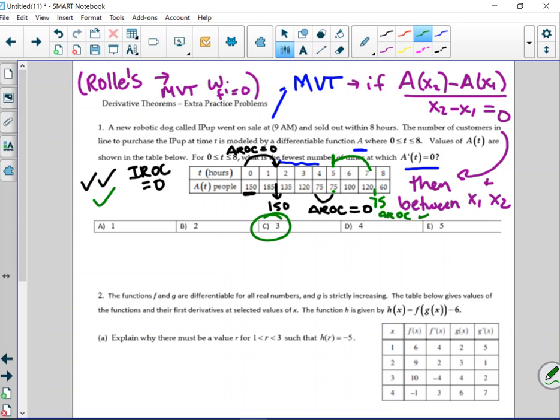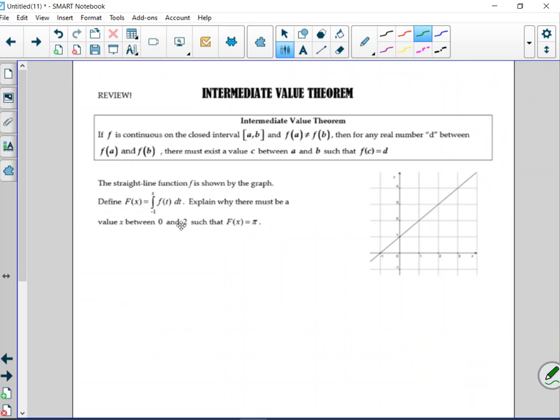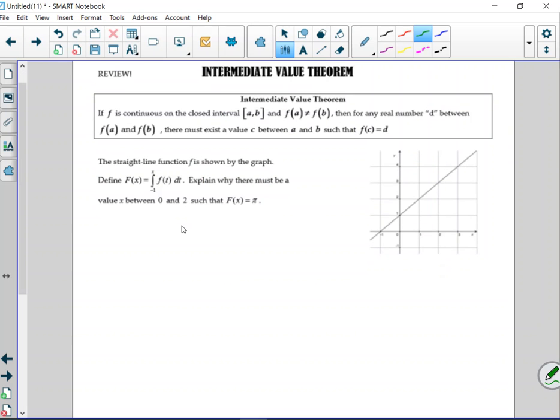Let's back up to this question. This is an intermediate value theorem review question. Okay.